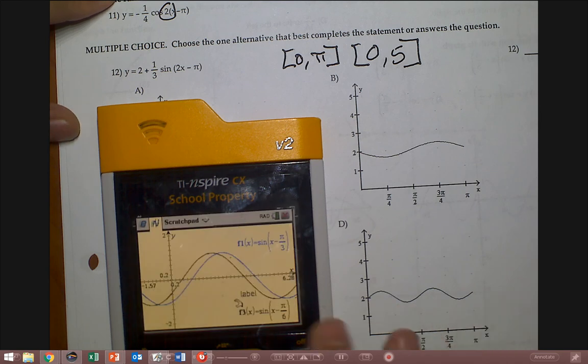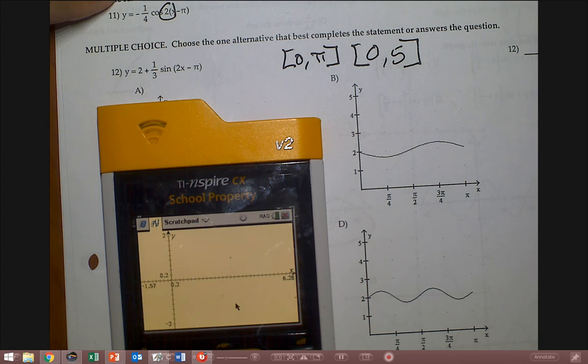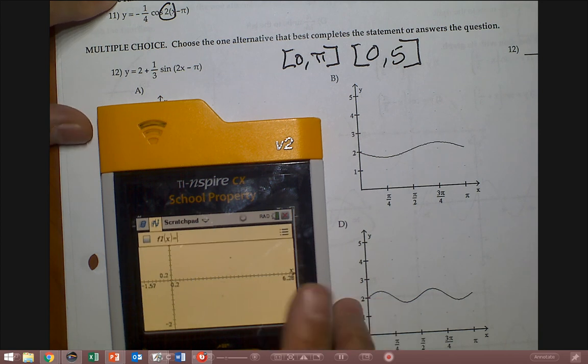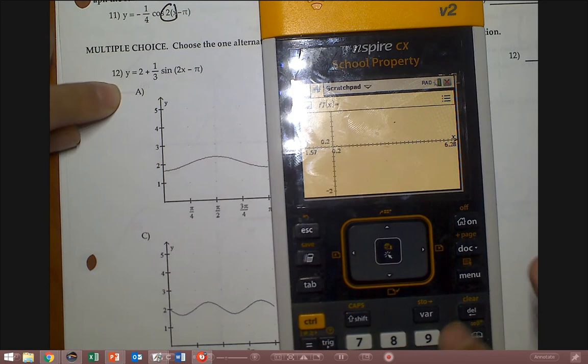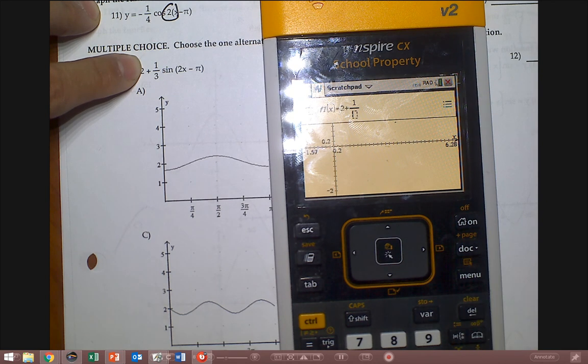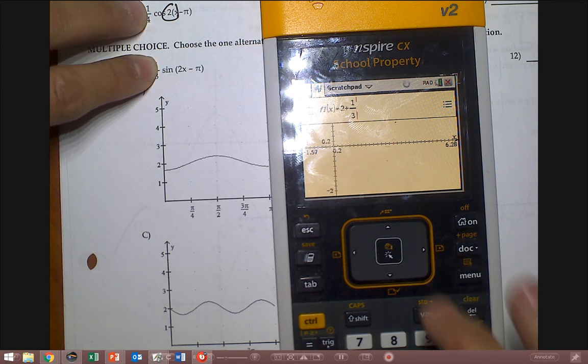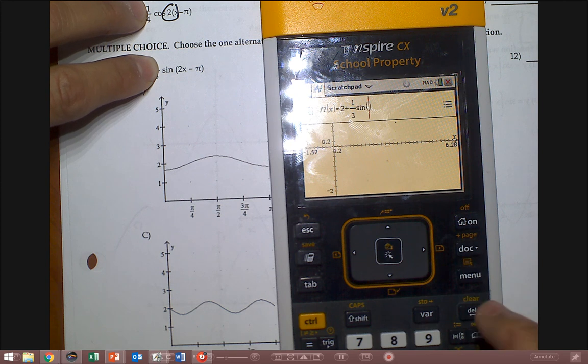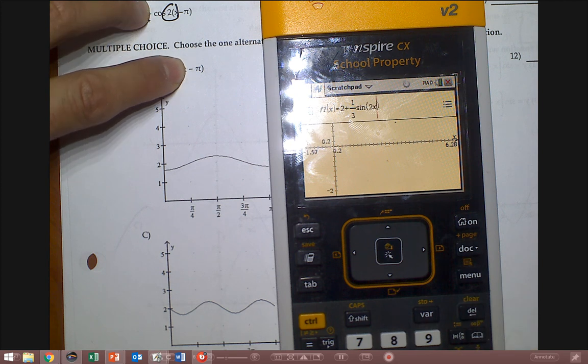I'm going to go ahead and clear this. Alright, hit tab. So I'm going to enter that function: 2 plus 1 over 3 sine of 2x minus pi.